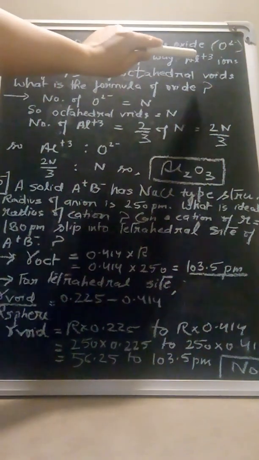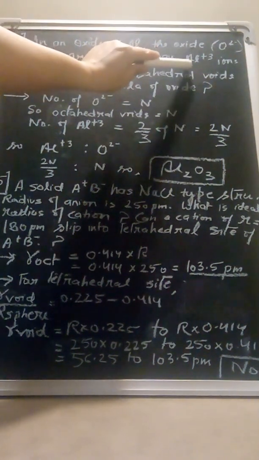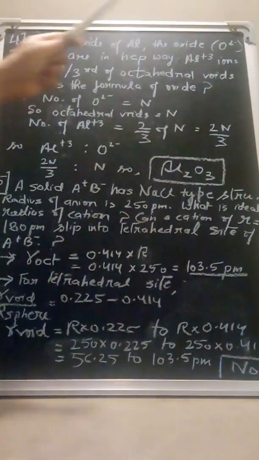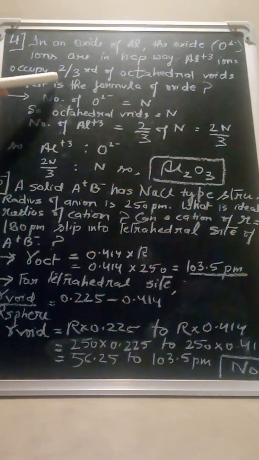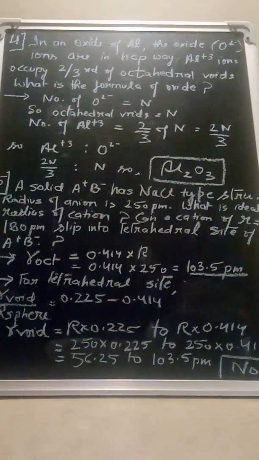Now what kind of voids are these aluminium ions occupying? Aluminium ions occupy 2/3 of octahedral voids, right? And what is the formula of the oxide of aluminium? Let us start. We will find out the number of aluminium and oxide ions, and then we can find out the formula of the oxide.